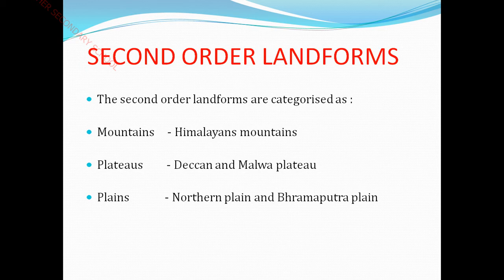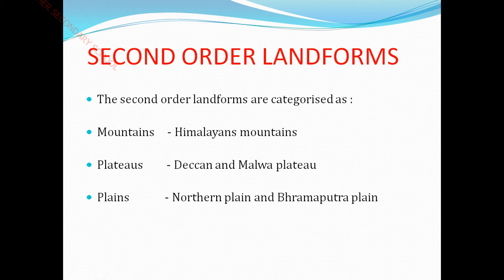Okay, children, these are referred to as plains. Here we can see examples of plains taken from India. One is the northern plain and the Brahmaputra plain. Okay, children? Yes, take one more example also. One is the Indus Ganga plains.